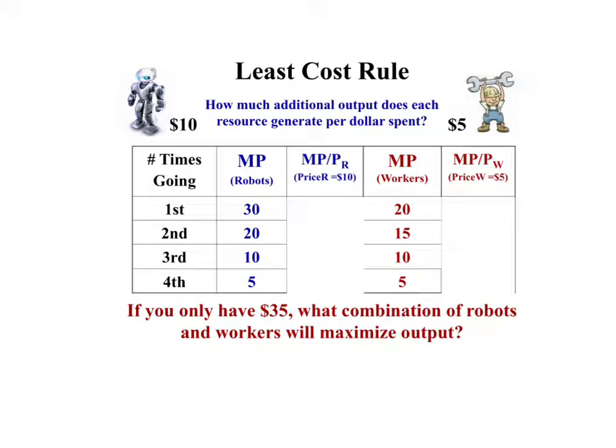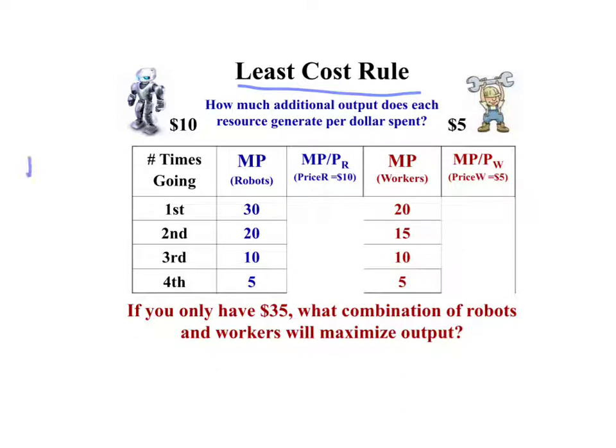Okay, so the first of the important rules, one way that firms make decisions related to combination of resources, is the least cost rule. And some of you may have seen this in class, depending on what section you were in. If you saw this in class, just flip ahead a little bit to the profit maximizing rule. But least cost rule, we follow a rule of thumb that's based on two things.